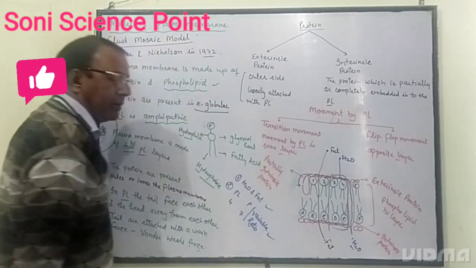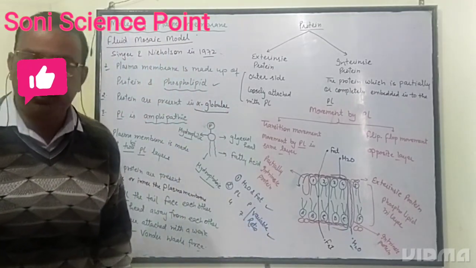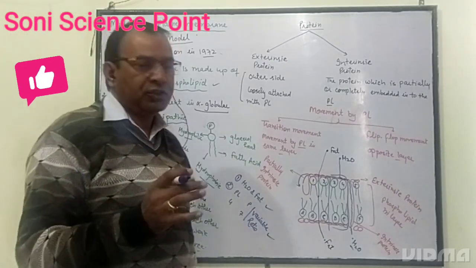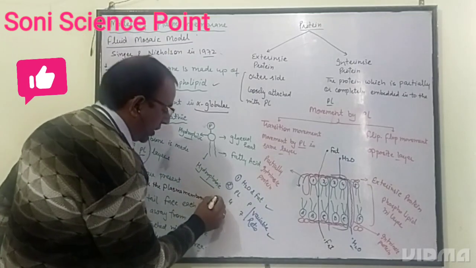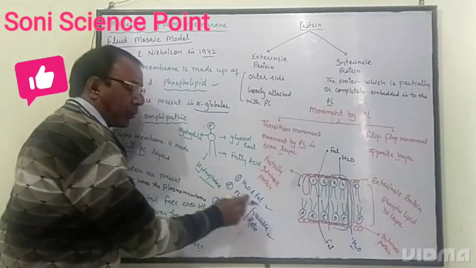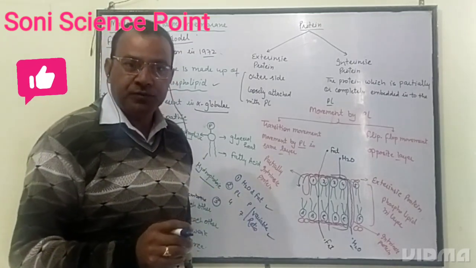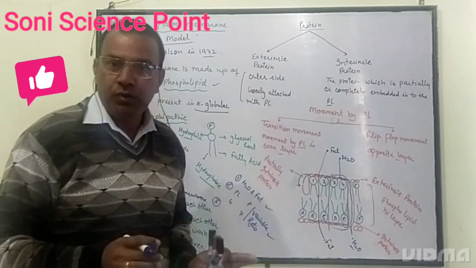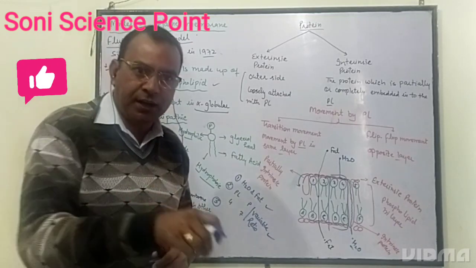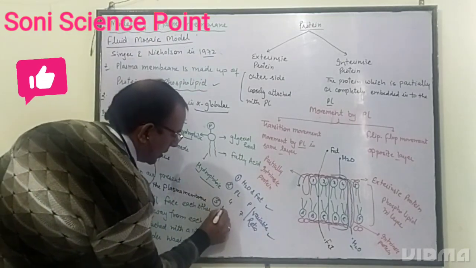That also matches a property of the plasma membrane. Protein and phospholipid change their ratio. That matches the properties of the plasma membrane. Third, if the protein and phospholipid change their position, that is movement. So the plasma membrane shows kinetic movement. It contains kinetic movement.